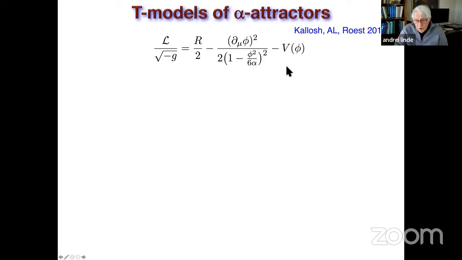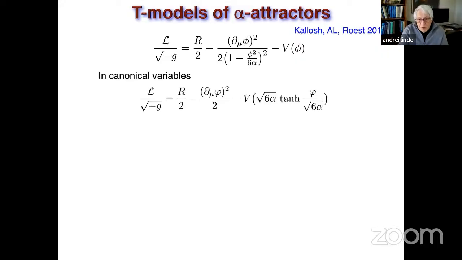It would look dangerous to have the singularity, but as the previous speaker explained, it's sometimes possible to massage this problem out by making a field redefinition. By making the field redefinition, you reduce this theory to a theory with a canonical kinetic term and an unusual potential. The potential is a function of hyperbolic tangent.